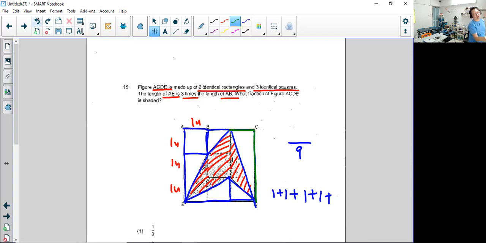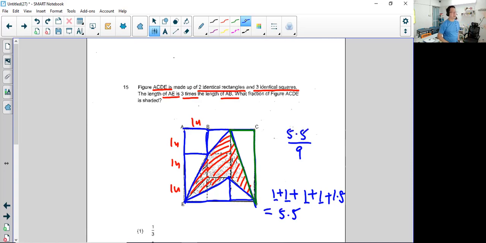So 1.5 squares make up this triangle. Add them all together: 1, 2, 3, 4, 4 plus 1.5 will be 5.5.